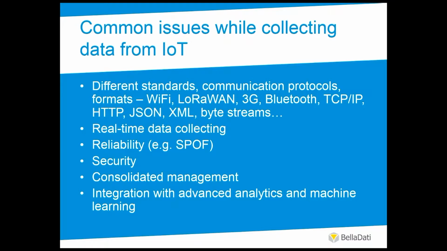Then, of course, various communication protocols like TCP/IP, higher layers like HTTP, and then the data itself are in various formats like JSON. We can get the data in XML format. Sometimes we just get byte streams from the devices, and we need to translate the streams into some meaningful records.